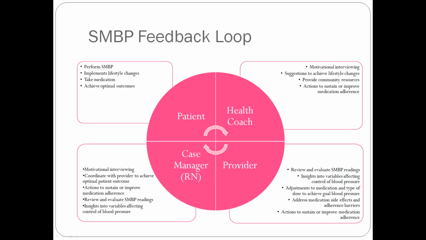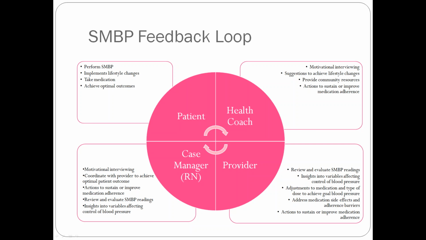The self-monitored blood pressure feedback loop starts with the patient who is monitoring their blood pressure at home, taking their medications as prescribed, and implementing the lifestyle changes that we have taught them. The health coach is another important member of this loop. The health coach uses motivational interviewing to help the patient change their behavior.